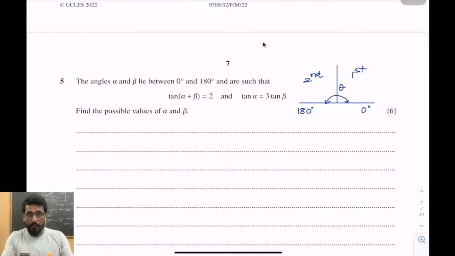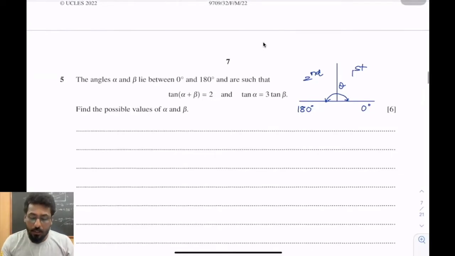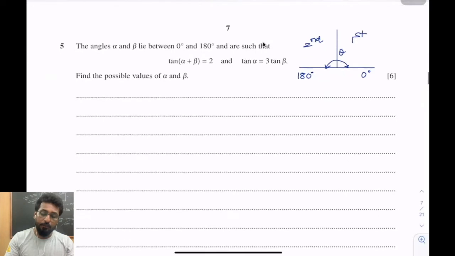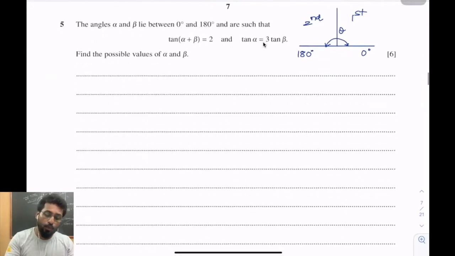So I have two equations. See, my question contains two unknowns, alpha and beta. So for two unknowns, I need two equations. Two equations are already provided to me. I begin from the first equation. So I have tan of alpha plus beta is equal to 2.